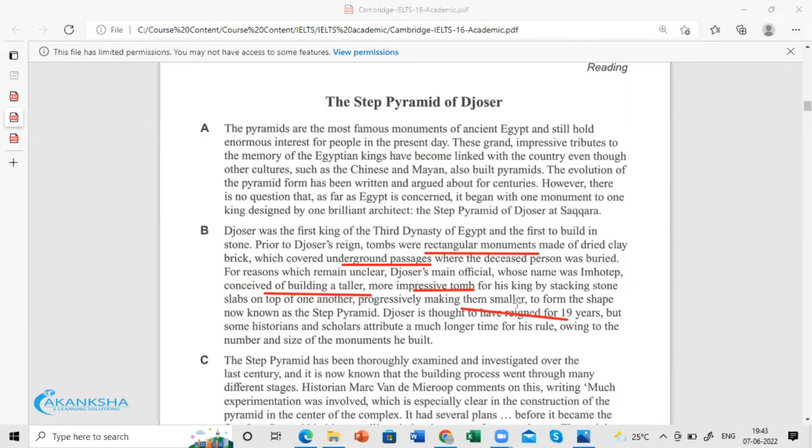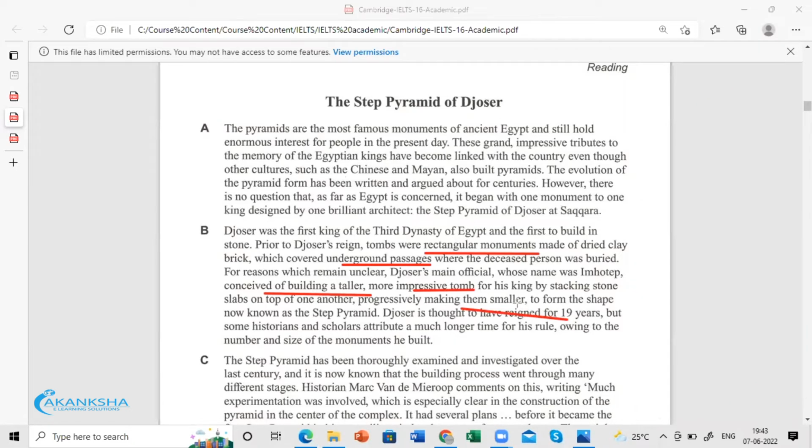Got it? Right? So here they are actually giving us some insight into the buildings in these questions. That's exactly how things are.